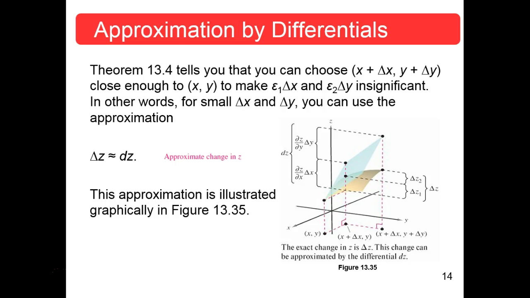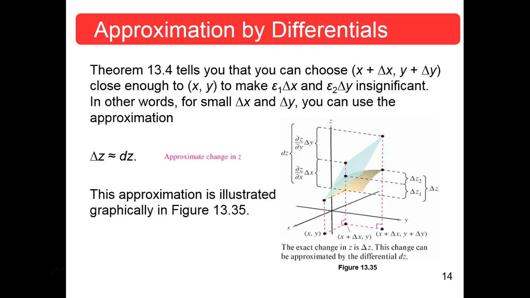It's on the green slope too, but it's behind the green slope. It's under it. It's there, and then here is the one here. So this is your actual delta z in the x direction. That's your delta z in the y direction. That's your total delta z. Here is your dz. They just call this the slope times your delta x, and that's your slope times your delta y. So that puts it on the plane.